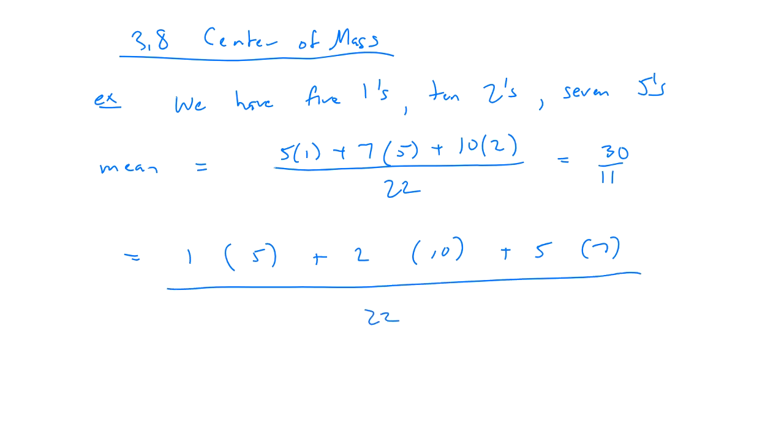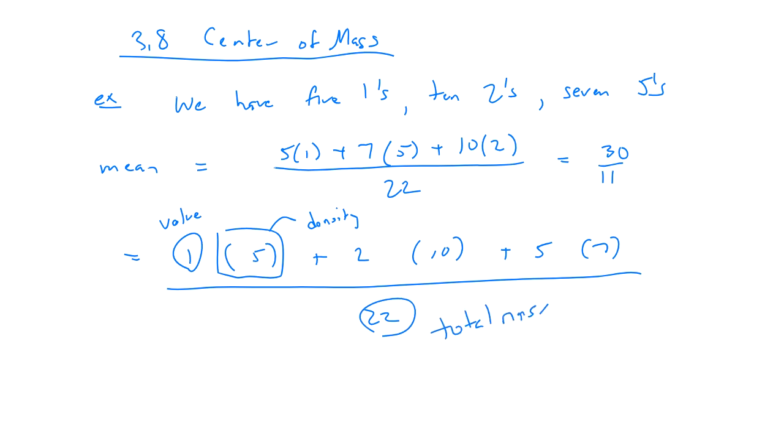So here we have the different values, 1, 2, and 5. This I can kind of think of as a density. And if you go into probability, this will become more explicit. And then you can think of this as the total mass.